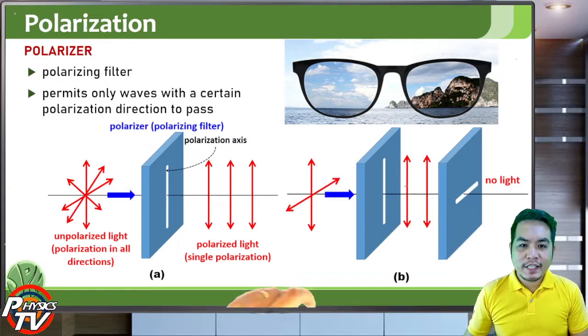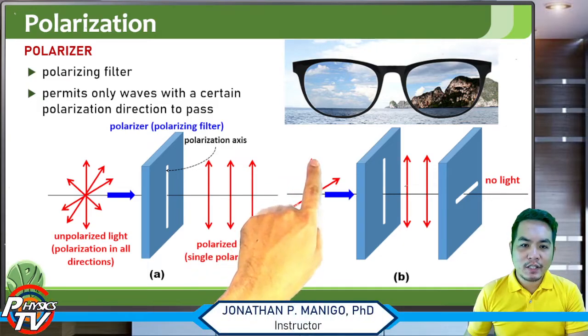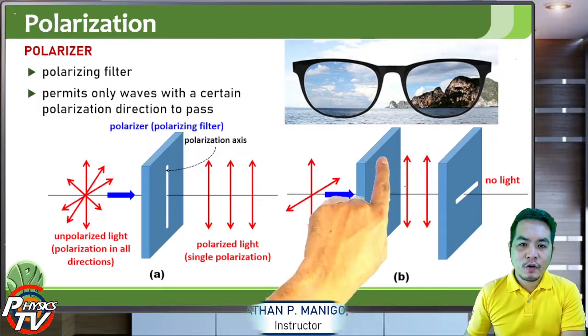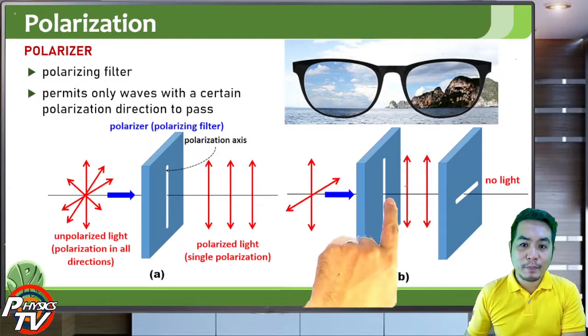For instance, in this case, if you have light that has two polarizations, when it enters this filter, only the vertically polarized light can pass through.